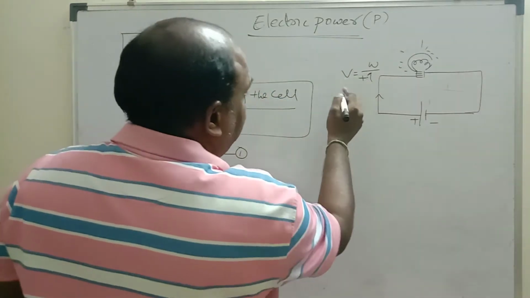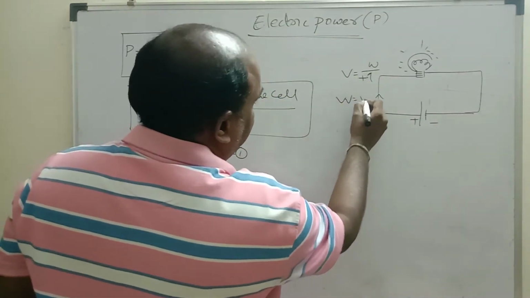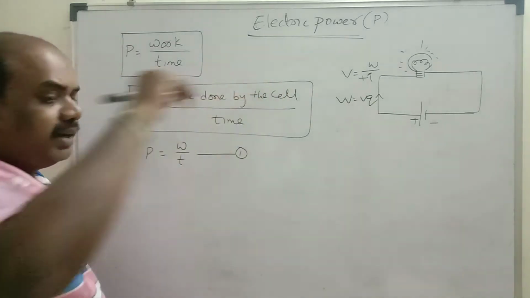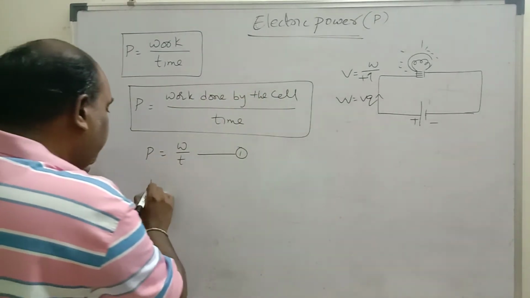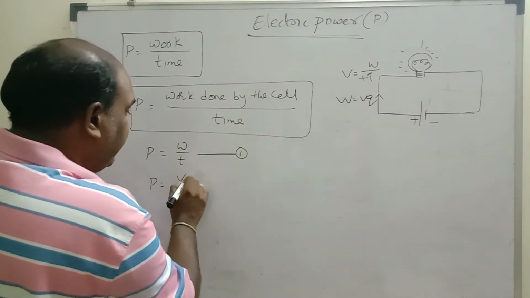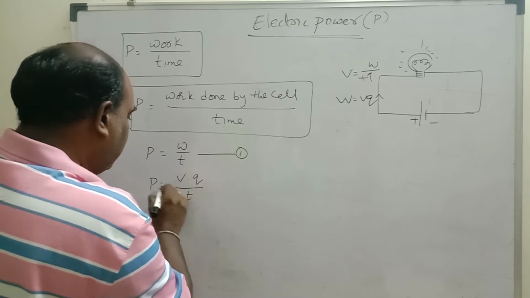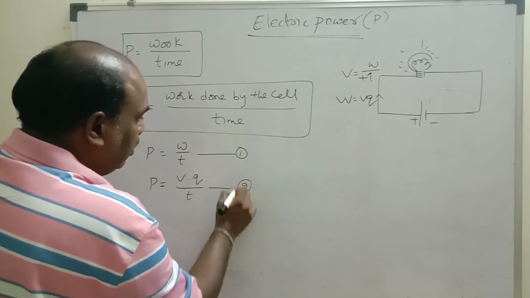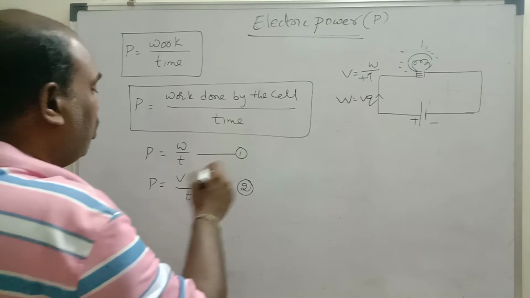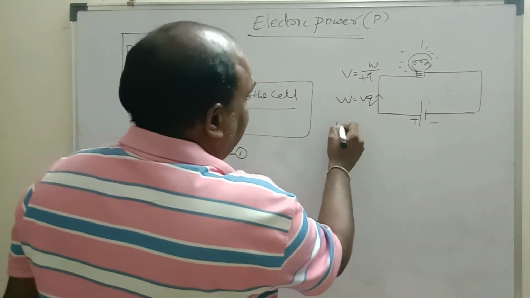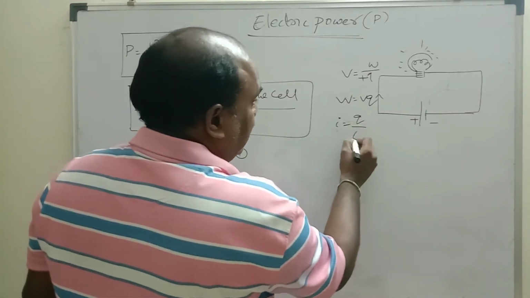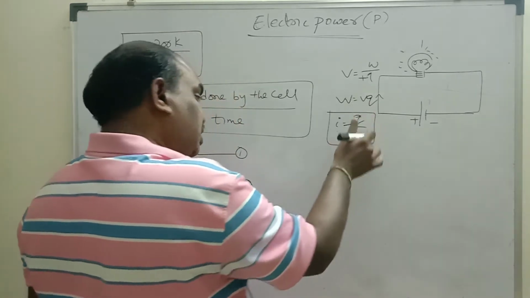Now what is work done from here? W is equal to, by cross multiplication, V into Q. Substitute here. P is equal to V into Q by T. This is the second formula for power. What is Q here? We know that current is equal to rate of flow of charge, charge by time.